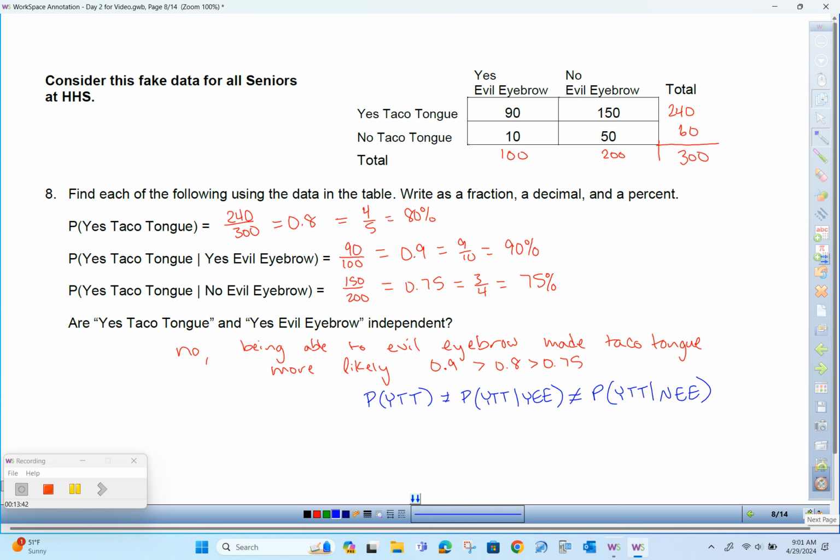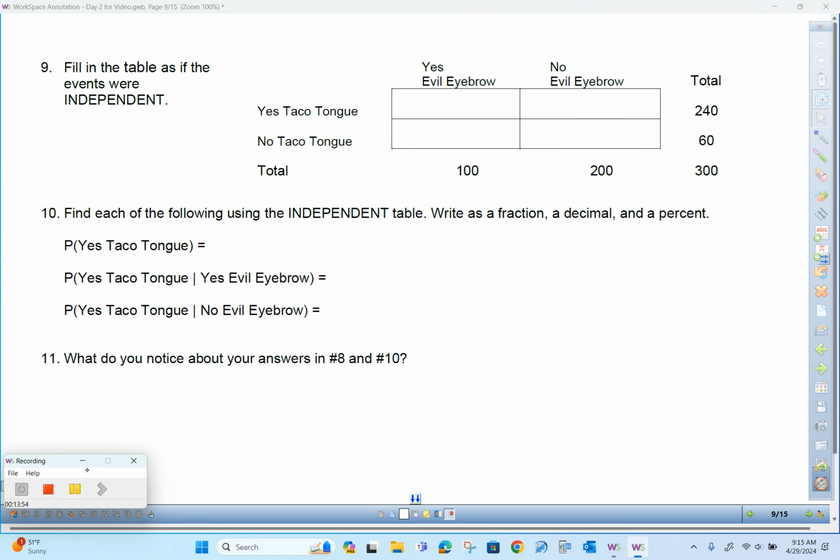Alright, I want you to now consider what it would look like if we did have an independent test. Okay, so if we want these three proportions to look the same all the way through, I need a 1 to 2 to 3 ratio to get to 240 to get to 60. Okay, so what you can do here is decide here, this is a factor of 5.